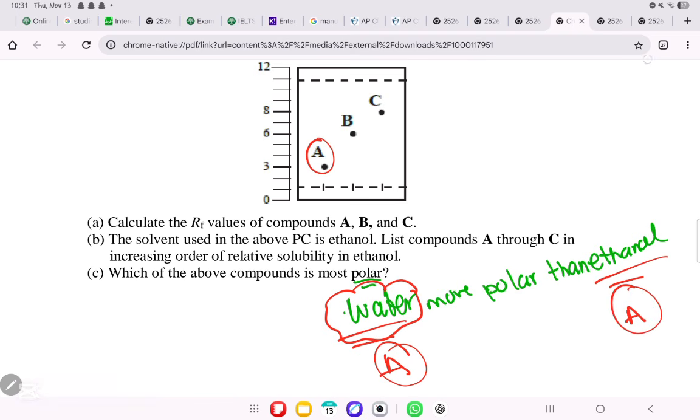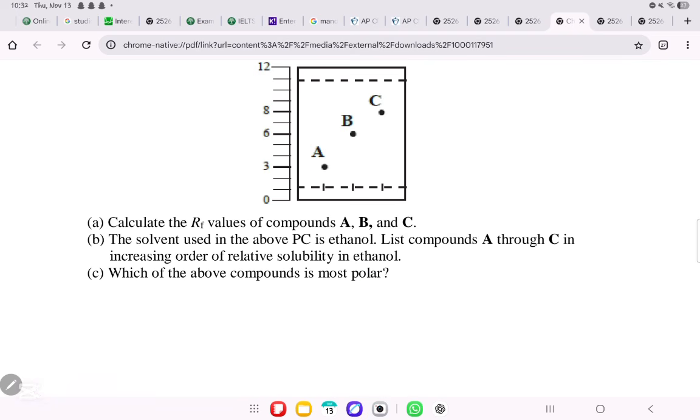Why? Because water is more polar than ethanol, so the water will dissolve A more strongly than ethanol will dissolve A. So thus we can say that the polar compound must be A. When they ask why, you say because it traveled the least distance and it has a higher solubility in the more polar water than in ethanol.